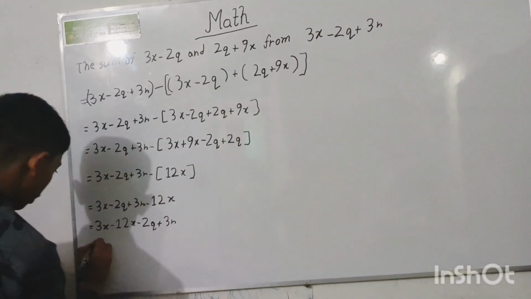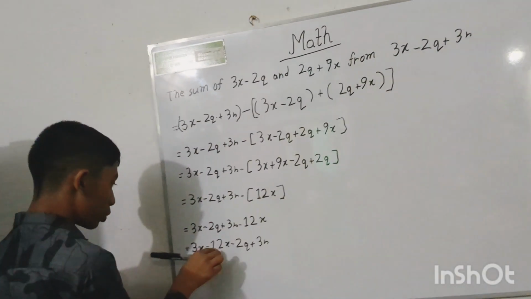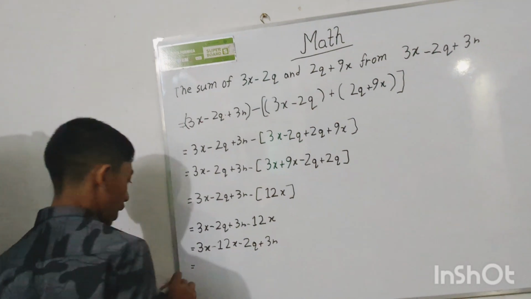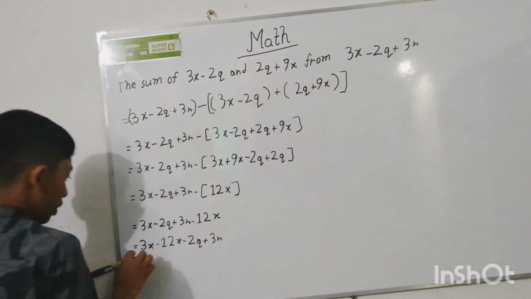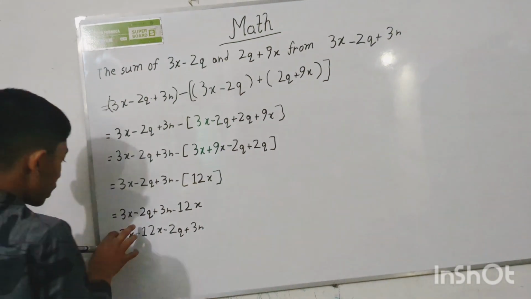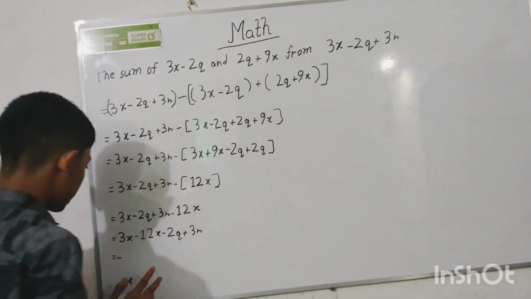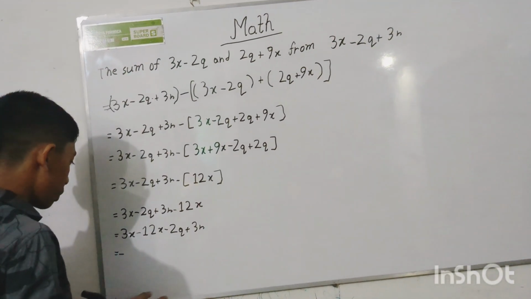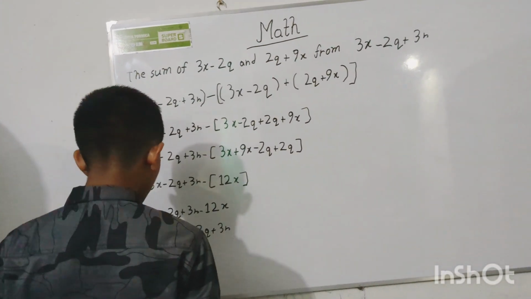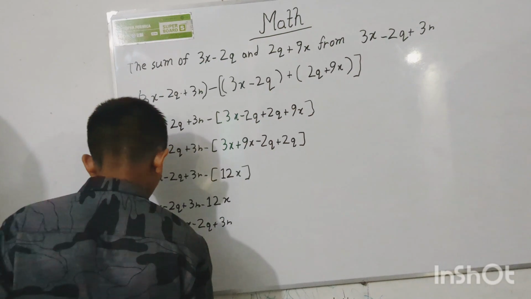Now here is 12. 12 is bigger than 3, and 12 has a minus sign, so I'll write a minus sign, and here is nothing after 3, that means here is a plus sign. If you multiply minus and plus, it will be minus, so we will subtract this. 12 minus 3 equals 9.